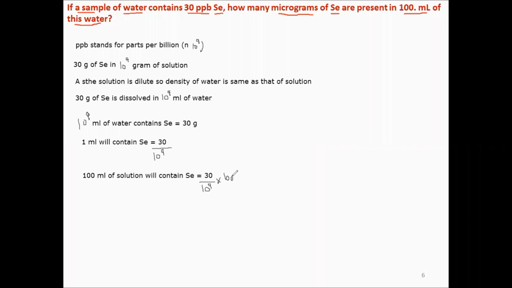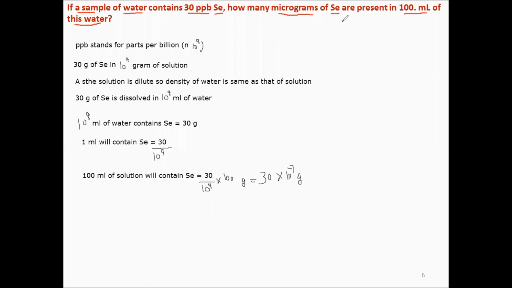Okay, now it is in grams. It comes out to be 30 into 10 raised to the power 2 minus 9, 10 raised to the power minus 7 gram, but it is in grams.